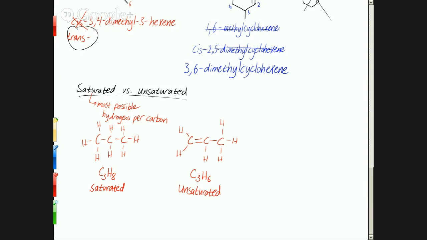And what's another way we could do it? There's one more way you can make unsaturated compounds besides multiple bonds. Any idea what that might be?